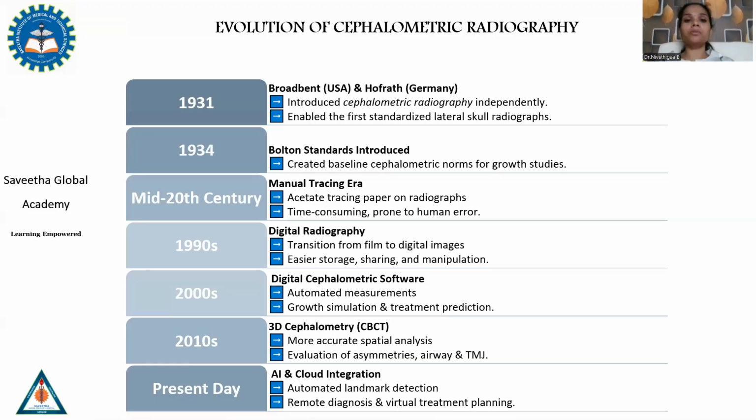So now, as we all know, the whole world is now shifting towards AI integration. So here again in cephalometry, there are softwares that use AI for automated landmark detection and remote diagnosis and virtual treatment planning as well.